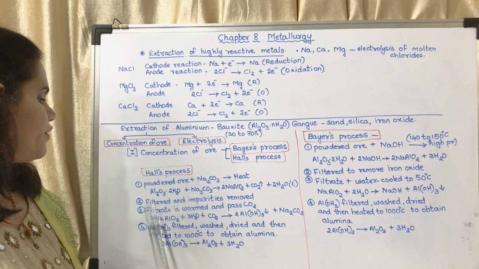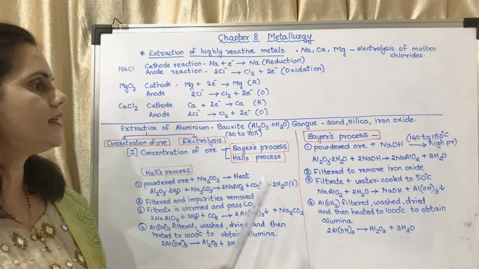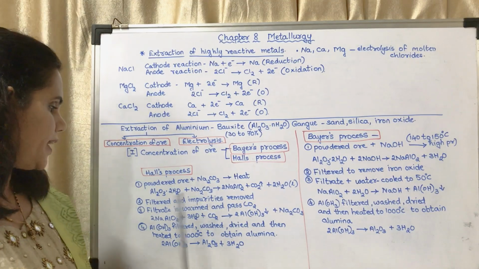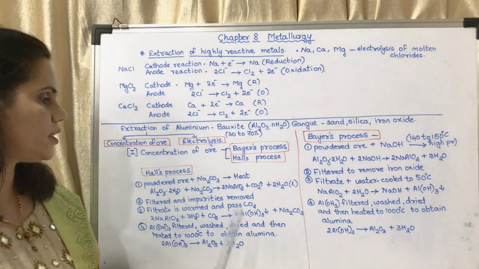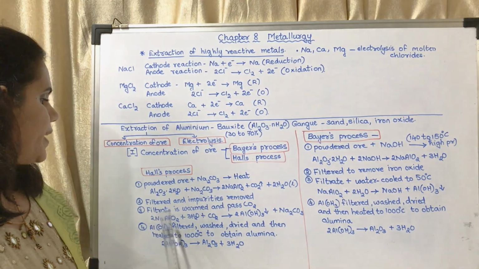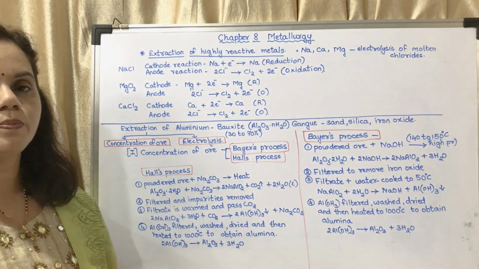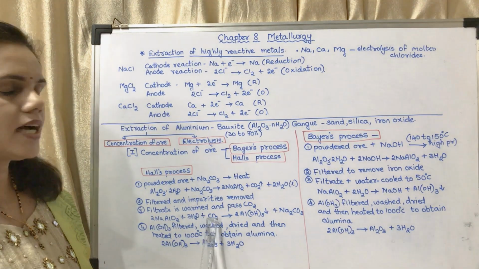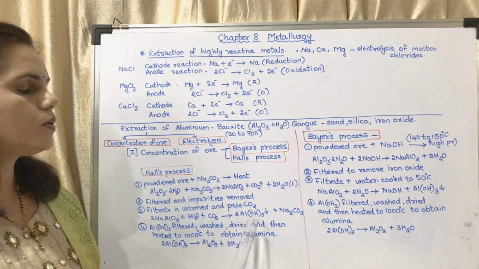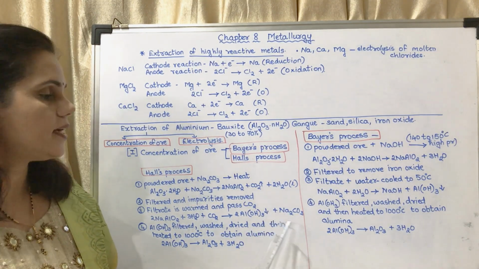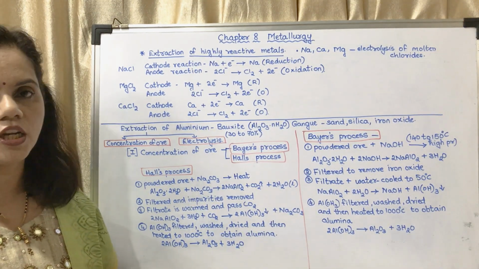Okay, you have to filter it. When you filter it, the other particles will be removed. Then you have to take the filtrate, that means the solution in which NaAlO2 is present. That is warmed and you have to pass carbon dioxide through it. It will react with carbon dioxide to form 2Al(OH)3, that is in the form of a precipitate, and the other product in the form of a solution.